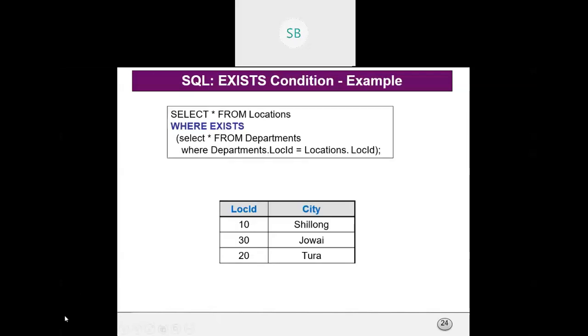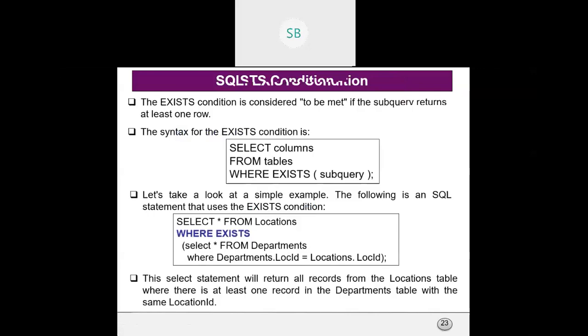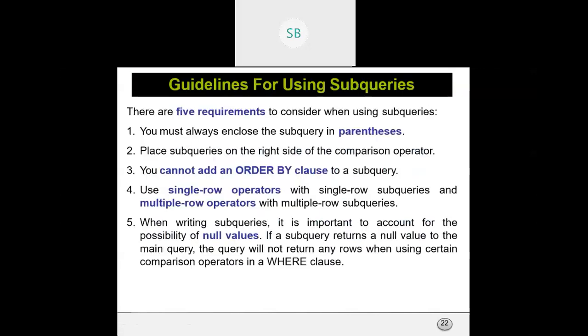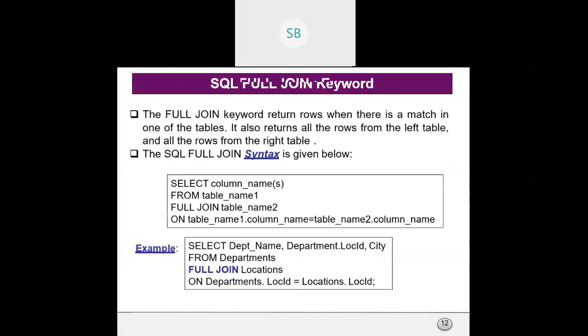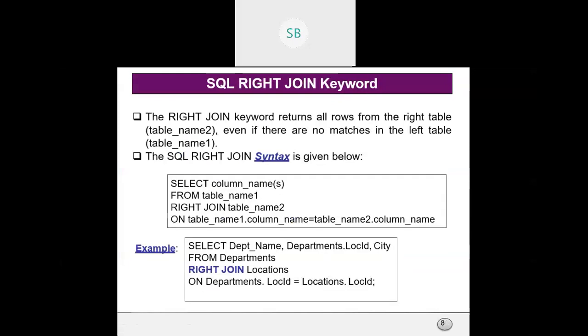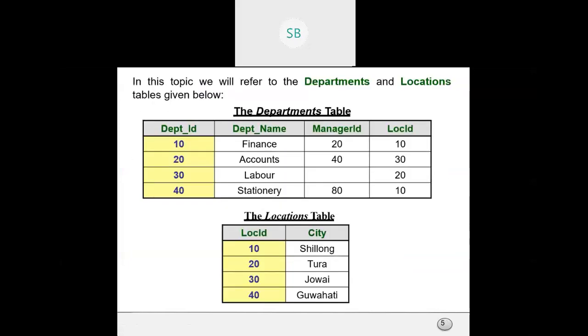Also, one more example. If we go back and run this query, this was the table. We select * from the location table, which has only two columns, location ID and city. It will print a row only if the location ID is present in the department table.